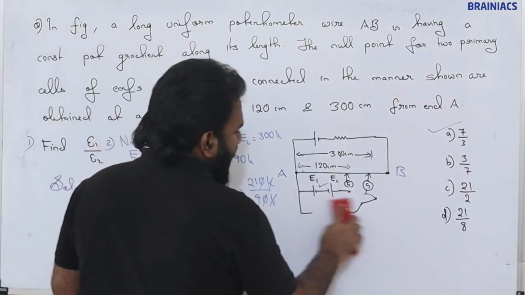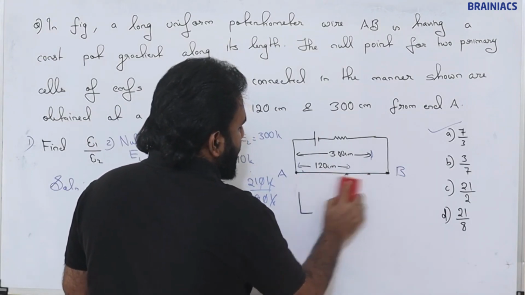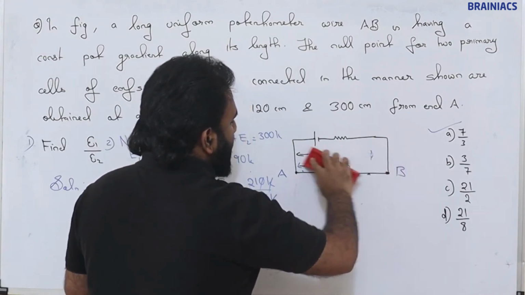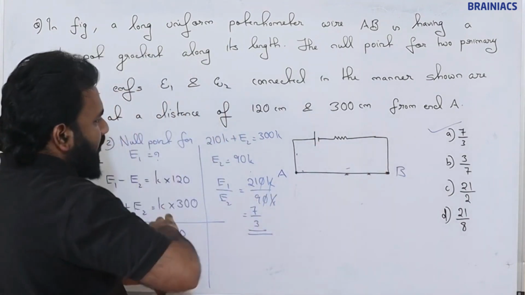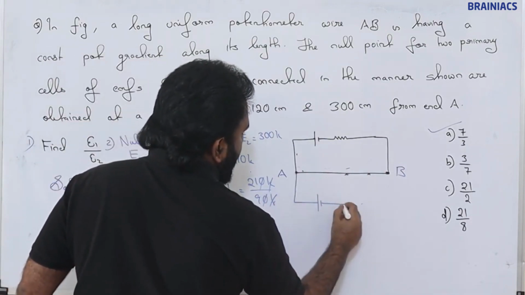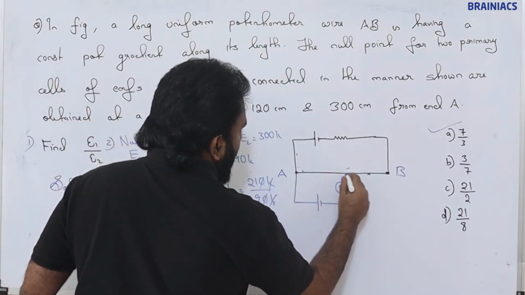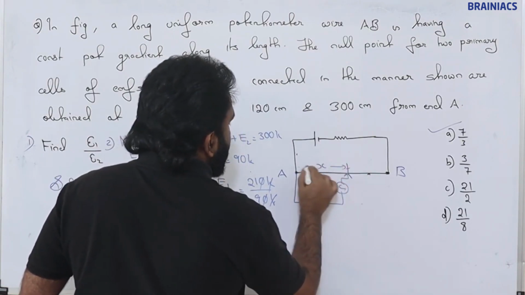The question is nothing but, we'll remove all this and just find the balancing length if we connect E1. We'll be getting the balancing length somewhere. So what will that be? What is this X?